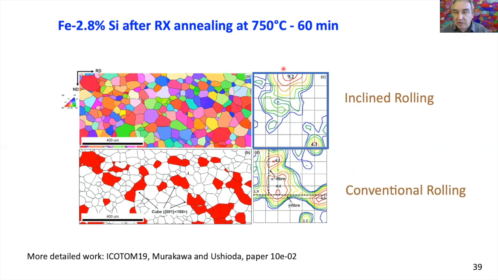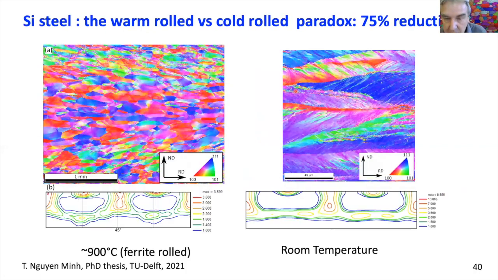And after recrystallization, you can really obtain a macroscopic cube texture in iron, which has ideal properties for electrical steel application. So here, for example, we compare this inclined rolling with shear bands from rotated Gauss with a conventional rolling, and you can obviously see the difference. So in terms of the A parameter, this will have a much lower A parameter and much better permeability.